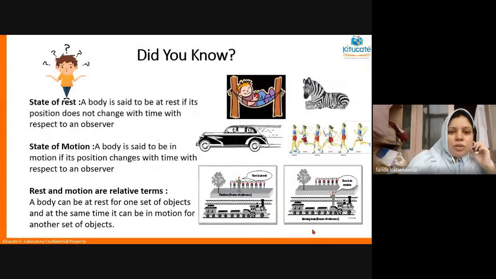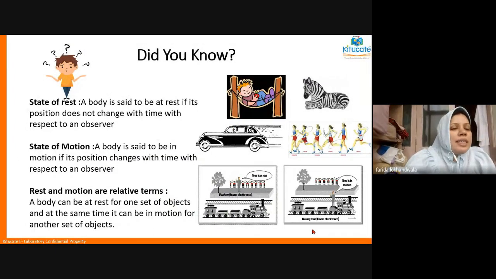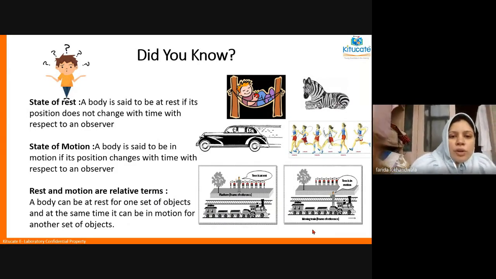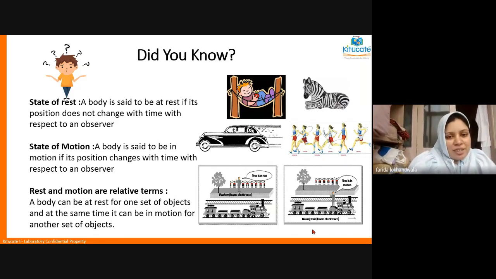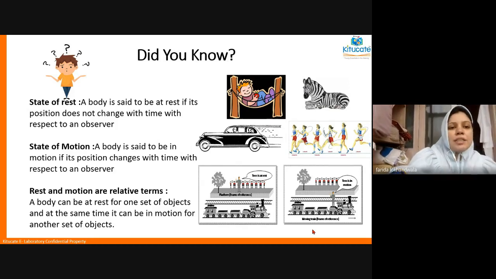There are certain definitions that I hope you all know, and if you don't, it is going to be for the first time for you. When I say state of rest, what does it mean? It means that something is not changing its position with respect to time or with respect to an observer.